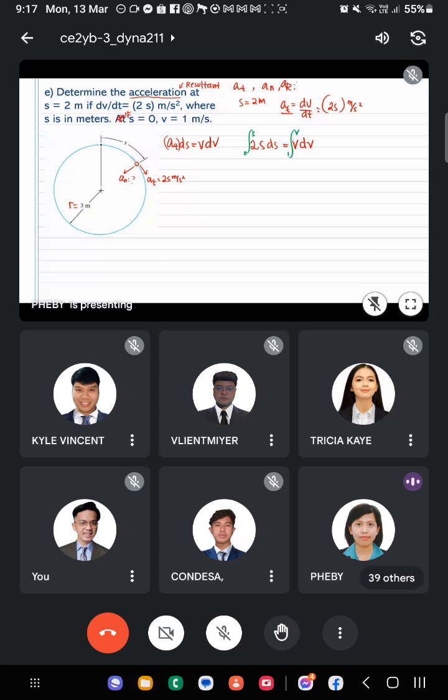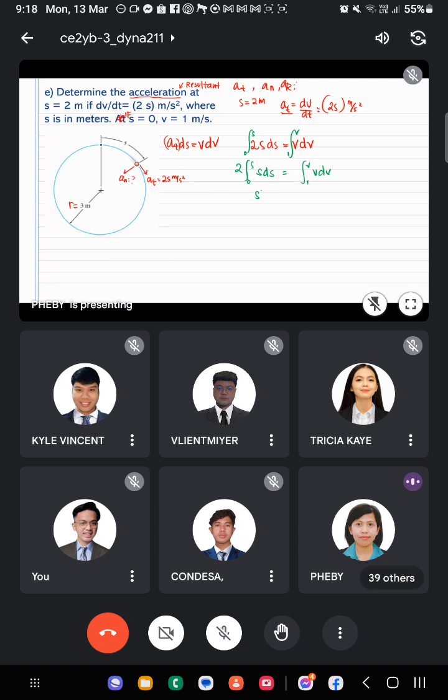So, we'll integrate both sides of our equation. Labas natin si 2 para mas simple: s ds is equals to the integral from 1 of v dv. Pag integrate natin si s ds, this will be s squared over 2. Syempre, yung 2 nandun pa rin, so pwede na natin siyang i-cancel. Ang kanyang limit is s and 0.